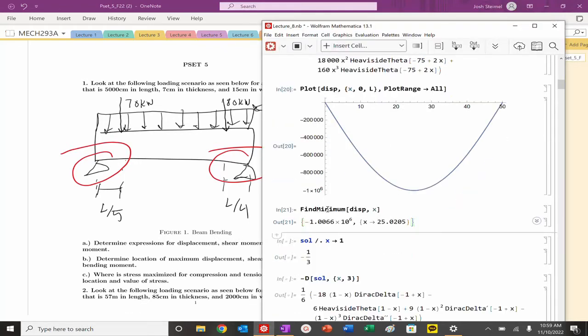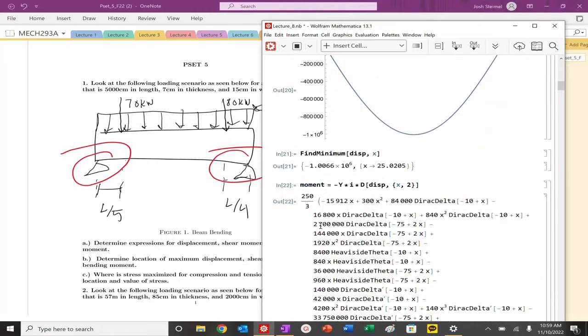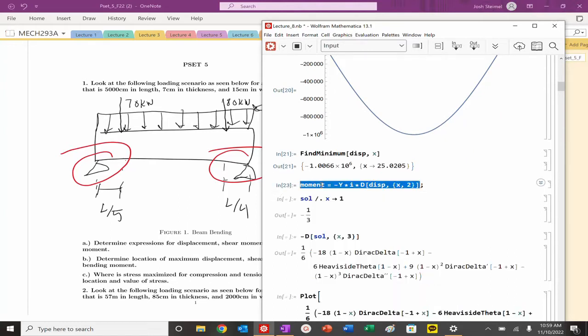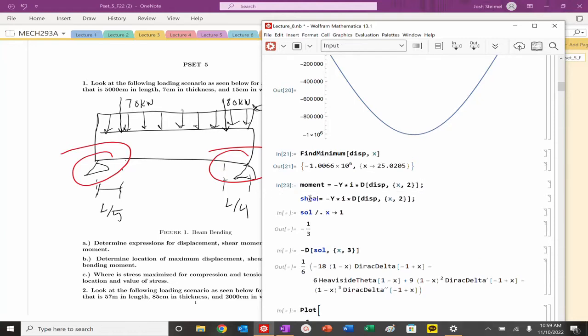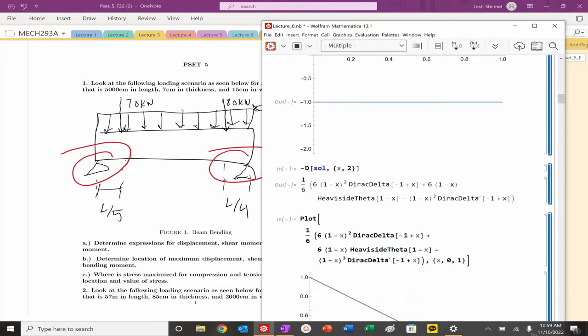So let's find my moment equals minus E times I times the second derivative of displacement with respect to x. The same expression holds for my shear: minus E times I times the third derivative of displacement.